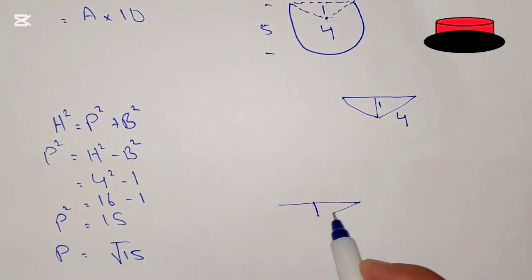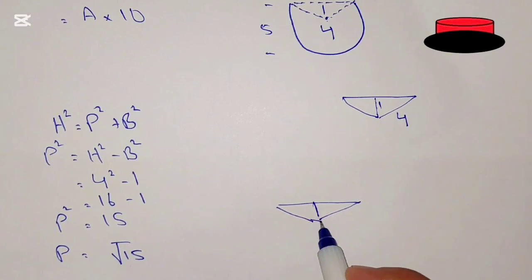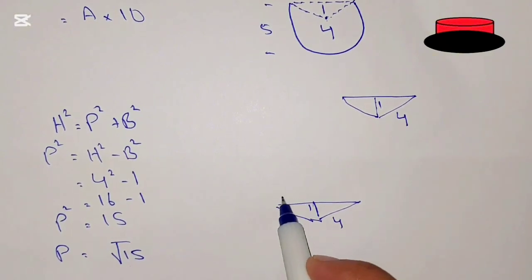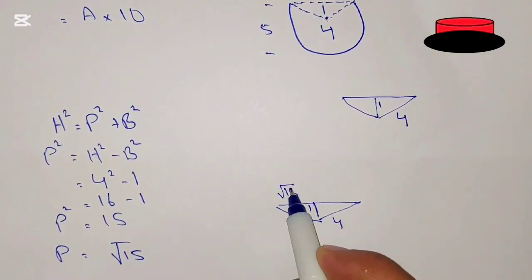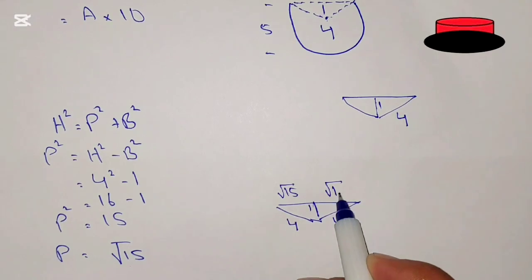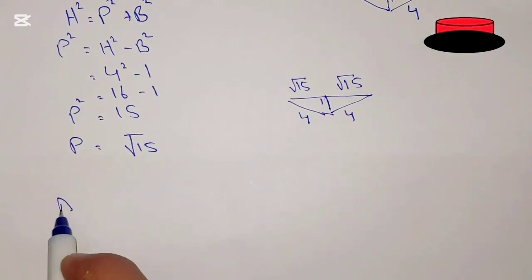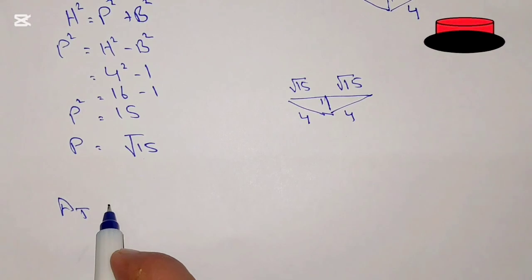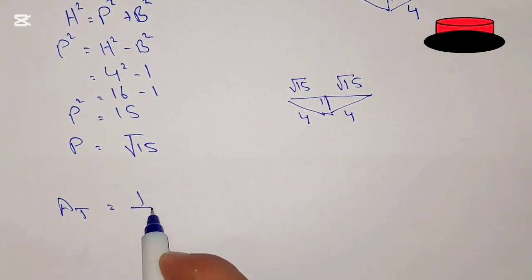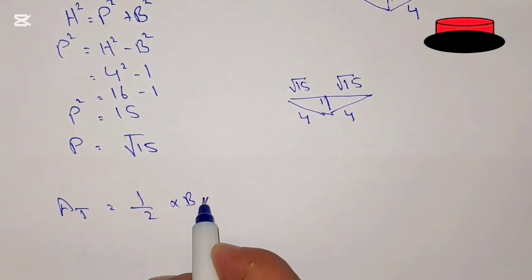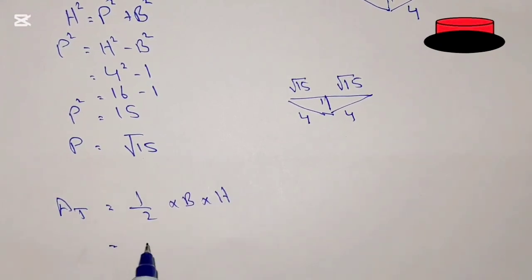So now again drawing the same figure. Here we have the 4 and 4, and this is the perpendicular, which is under root 15, and now under root 15 here as well. So for the area of the triangle, half multiplied by the two sides except the hypotenuse.